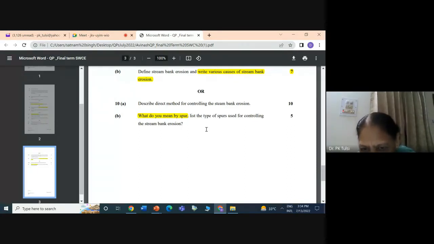So what do you expect? 2 only? You wanted the 2 types of spurs to be enlisted? Yes, ma'am. So number भी देने चाहिए थे 3 and 2. Explain the meaning of spur and list the 2 main types of spurs used for controlling the stream bank erosion. Right? So ये some of my observations for your question paper are here.